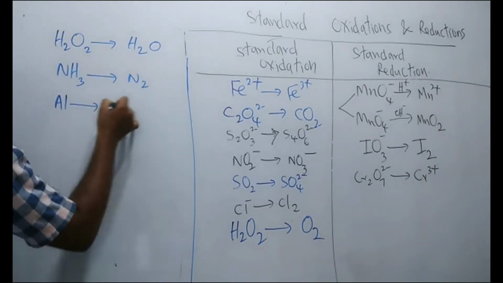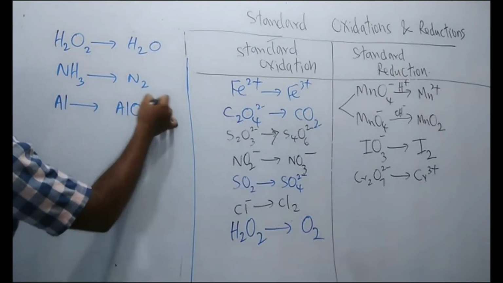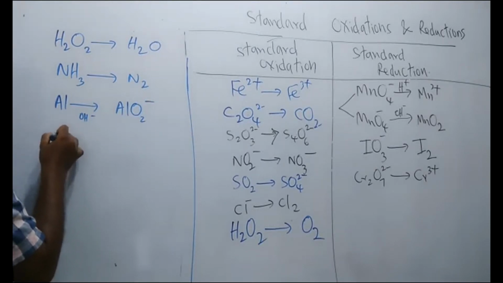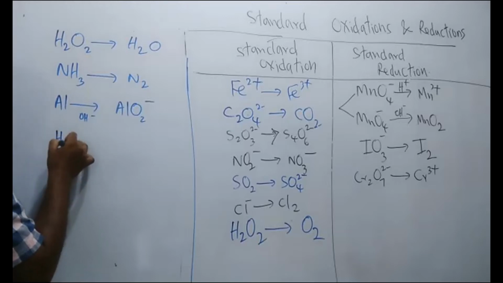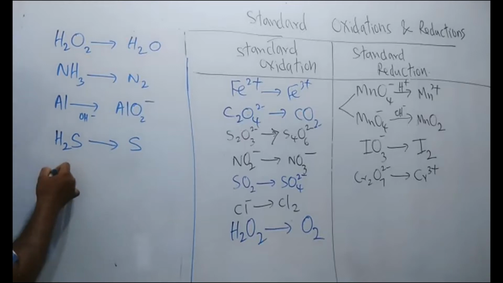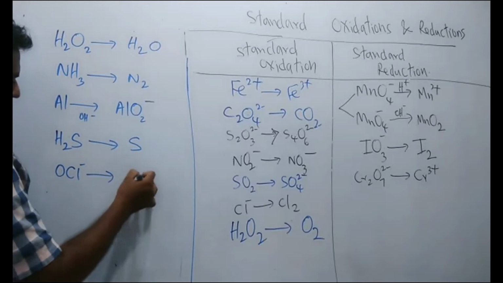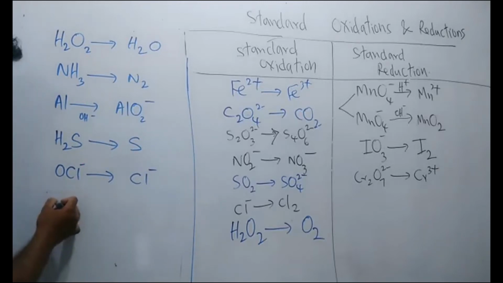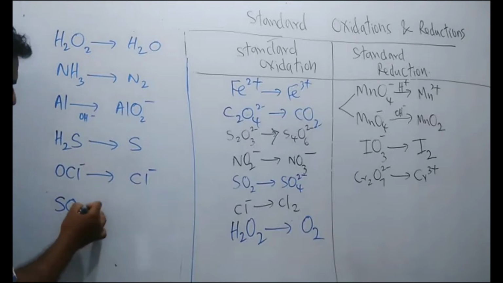Aluminium to aluminum ion. H2S to sulfur. OCl minus to Cl minus. SO2 to sulfur.